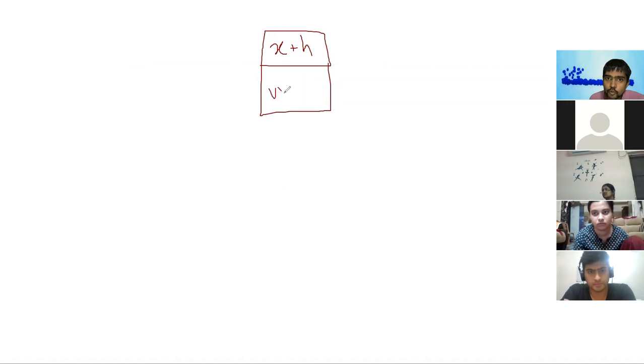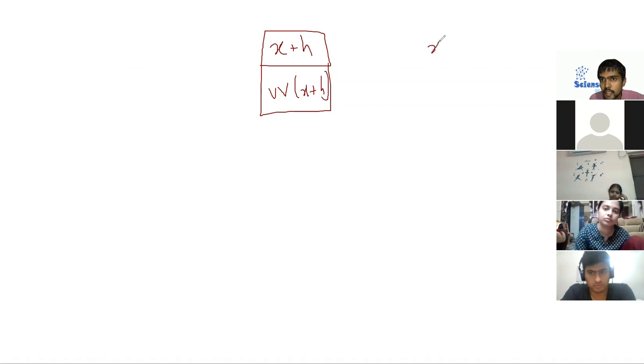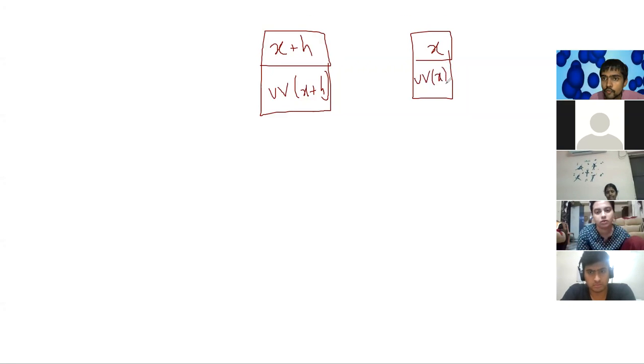The position was uv of x plus h. At time x, the position was uv of x.